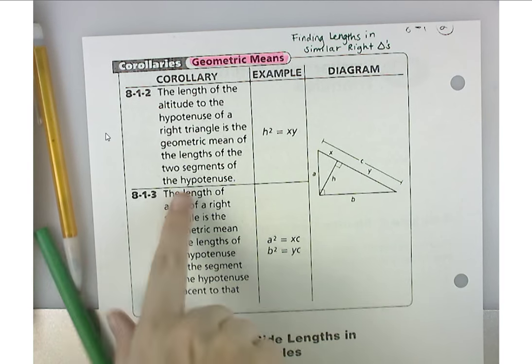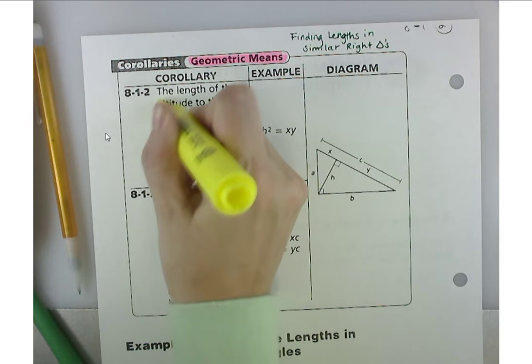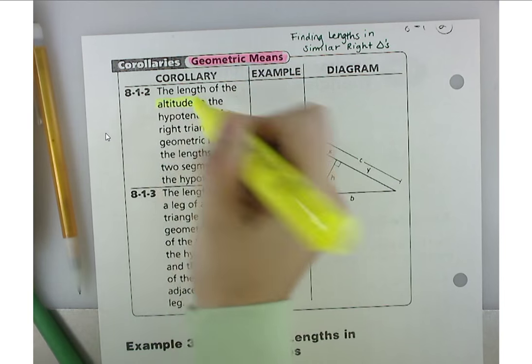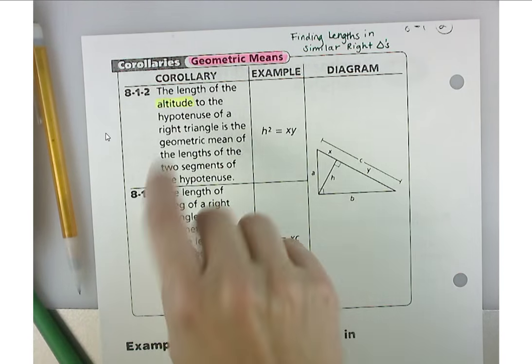All right, so let's analyze what this first corollary is trying to tell us. It says the length of the altitude. So try to remember back a few chapters about when we talked about an altitude. An altitude is also another name for what? The height.